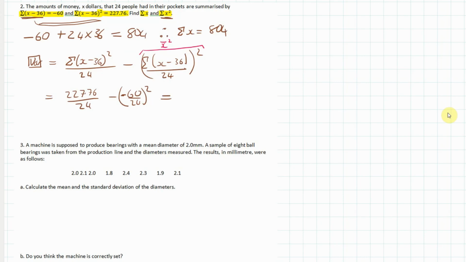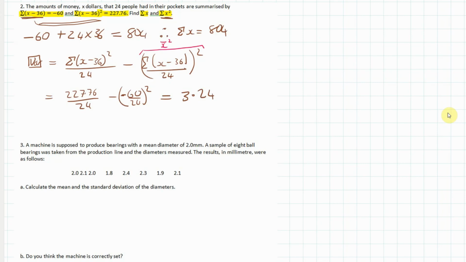So I'm just going to chuck this on the calculator now. Minus, and then I'll open bracket, minus 60 over 24. Square that. Okay, so this is giving me 3.24 as the variance.